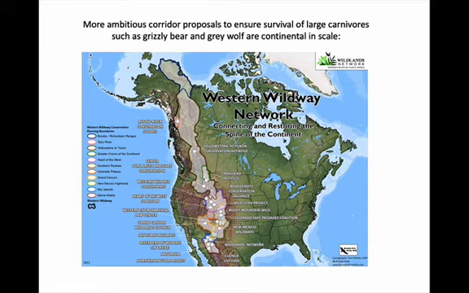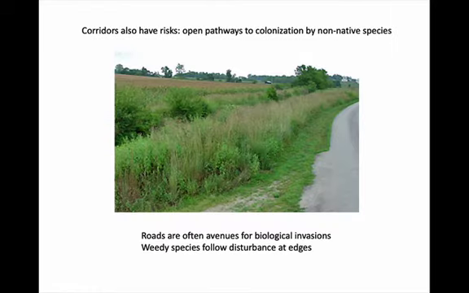Now you might think this is great. Corridors are wonderful, but actually corridors carry risks. Corridors can open pathways to invasion by non-native species. This is a really bad thing. Roadsides, for instance, are often corridors for biological invasions by weeds. This is how many weeds get all over the country. The United States currently has over 5,000 non-native species of plants that have dispersed across North America, and roads have been very influential in their ability to spread across the continent.